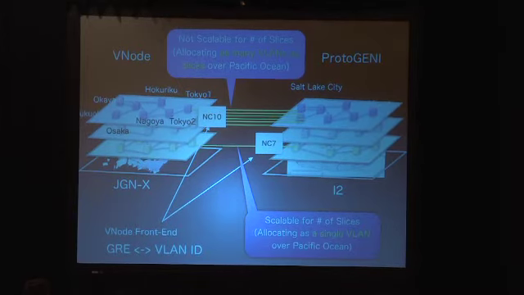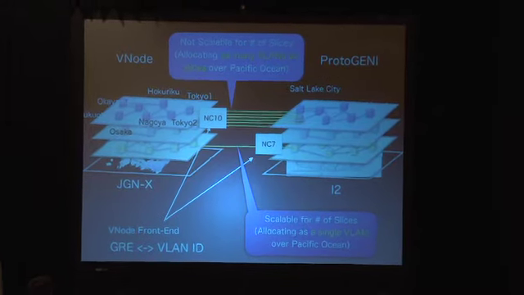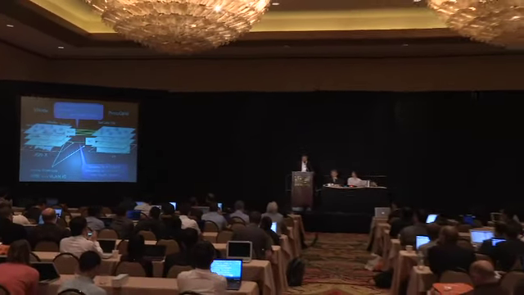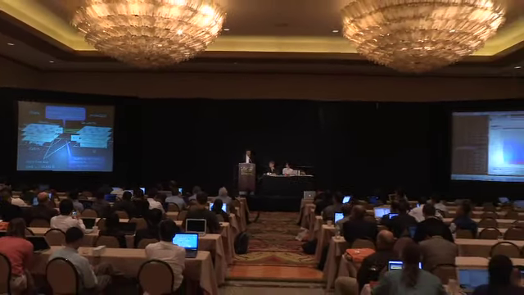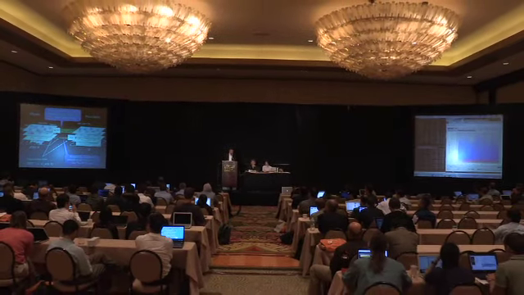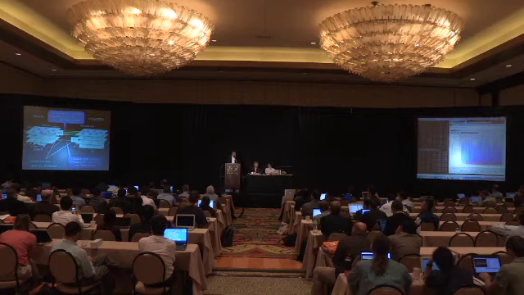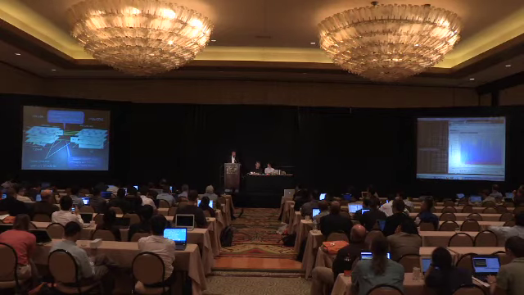So it's not very scalable. Ideally, we want to put this translator of VLAN ID to GRE in Utah. So next GEC15, maybe we can create as many slices as we want, but we keep only a single VLAN ID connected between US and Japan.